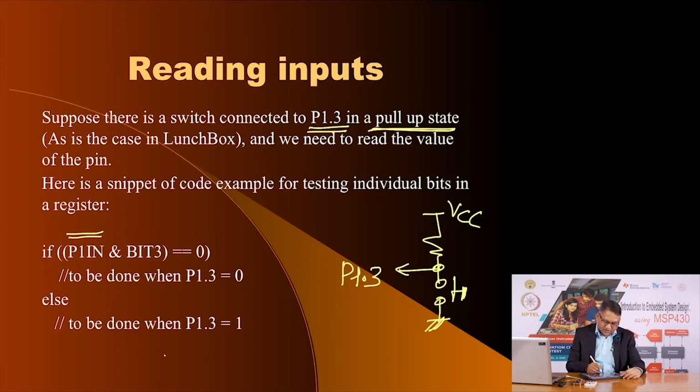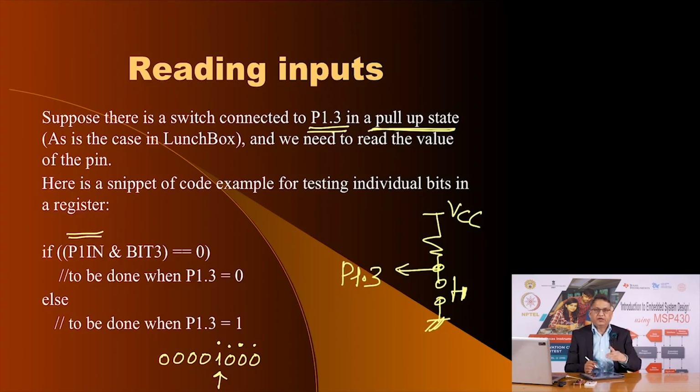Its value is 0 0 0 0 1 0 0 0. Why? This is bit 0, bit 1, bit 2 and bit 3. So, on bit 3 there is a 1, this is a mask value, and by ANDing whatever has been read from port 1 in with this, you will get a binary result.